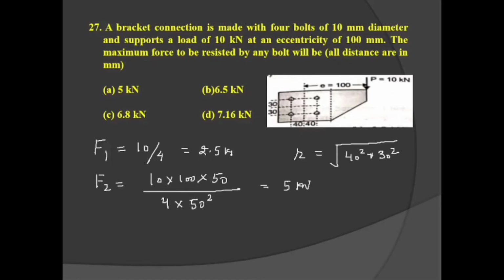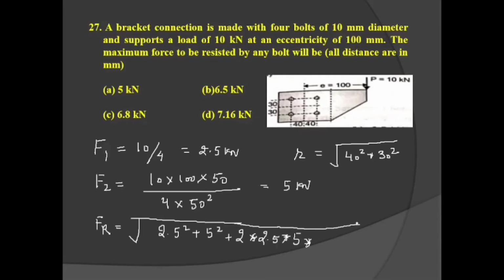F1 is equal to 2.5 kilonewton. So the resultant force FR we have to calculate. F resultant will be equal to the whole under root of 2.5 square plus 5 square plus 2 F1 F2 into cos theta.